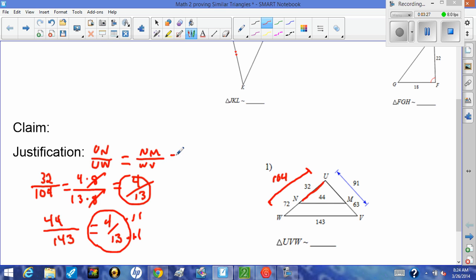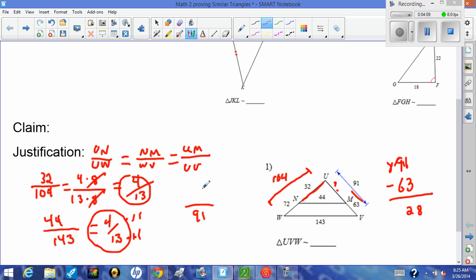All right, so lastly, we want to show that side UM and its corresponding side UV have the same ratio. All right, so UM, we don't have UM. We're going to have to do some math over here. We do have UV, though. UV is 91. But we need to figure out what UM is going to be. So with a simple subtraction, 91 minus 63, we get 28.